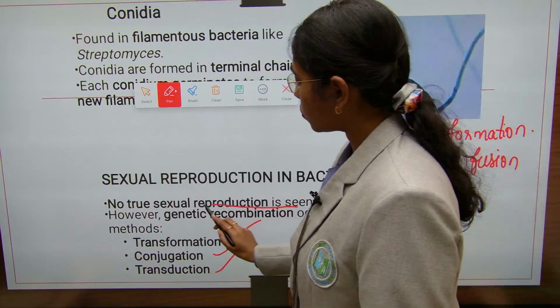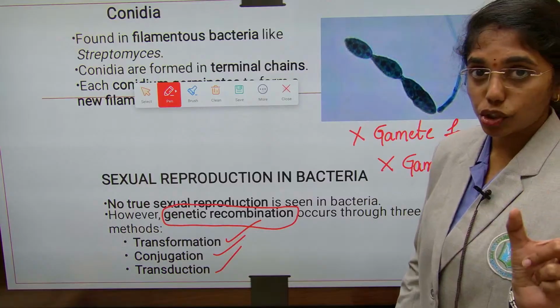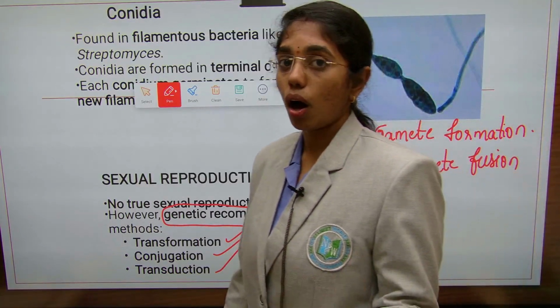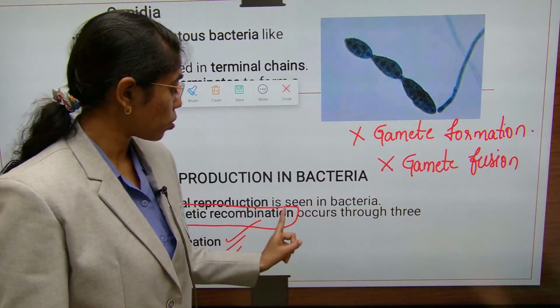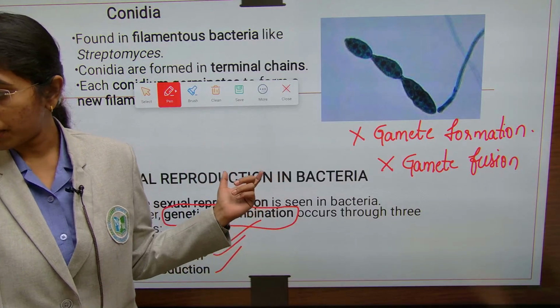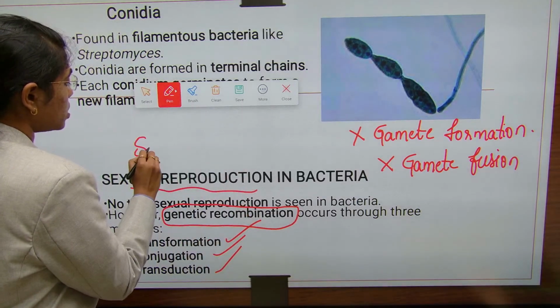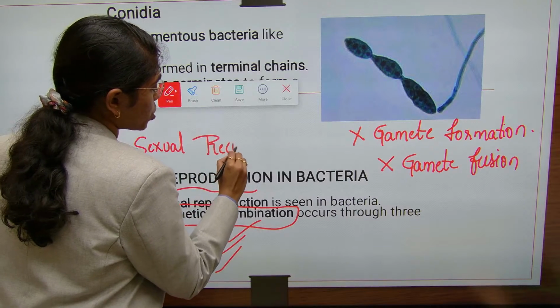Only genetic material exchange happens, so the most suitable term, rather than sexual reproduction, is sexual recombination.